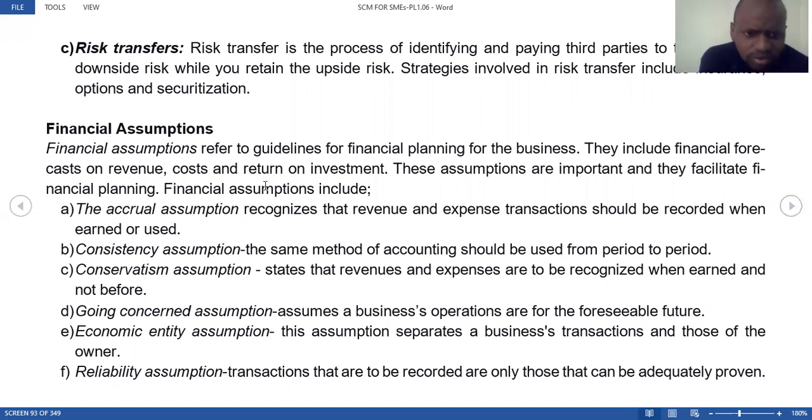Some of the assumptions may include the accrual assumption. Those are common in accounting. We have the consistency assumption, conservatism assumption, the going concern, economic entity assumption, and reliability assumption. Those ones you can read.